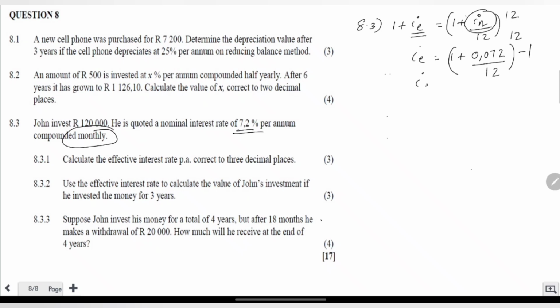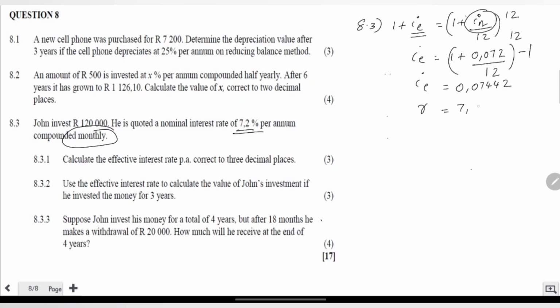So when you do it, the effective interest rate is going to be 0.07442.